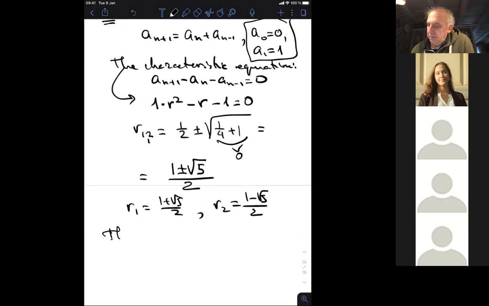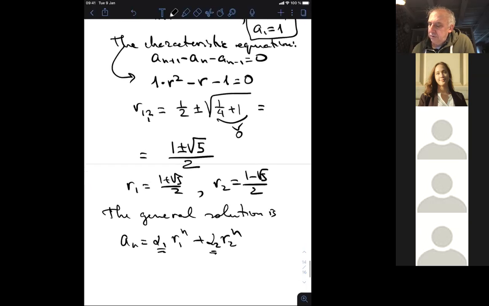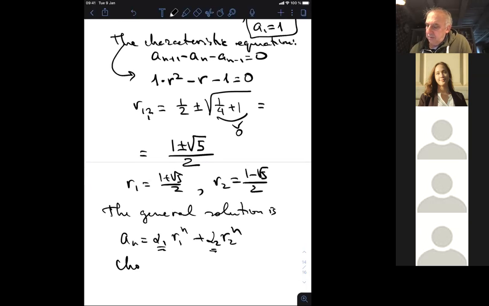So the general solution is a_n equals alpha 1 r1 power n plus alpha 2 r2 power n, and we want to choose alpha 1 and alpha 2 from the initial conditions.